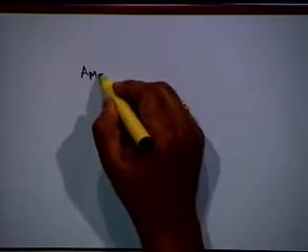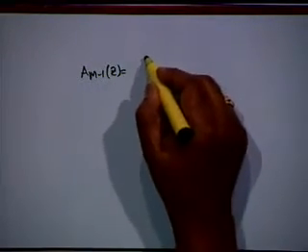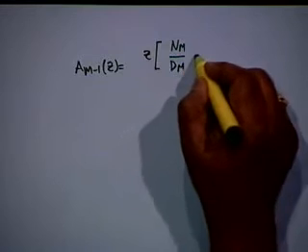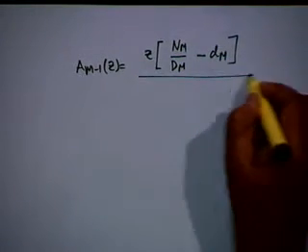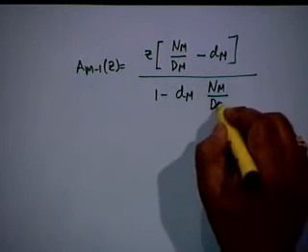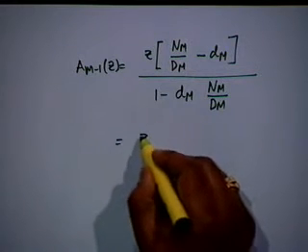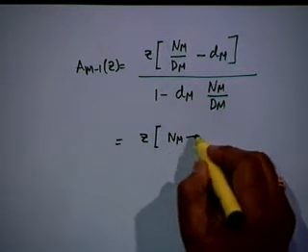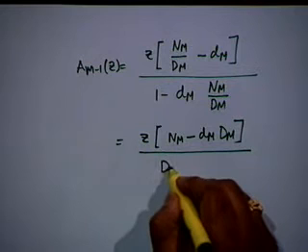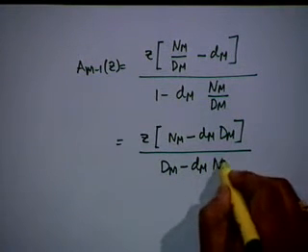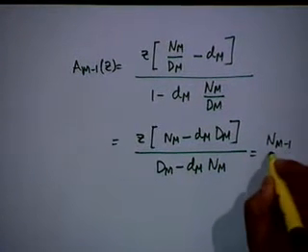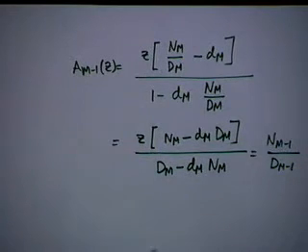Our function was A_{m-1}(z) equal to z times (Nm by Dm minus small dm) divided by (1 minus dm Nm divided by Dm). So, if I simplify this, I get z (Nm minus dm Dm) divided by (Dm minus small dm Nm).